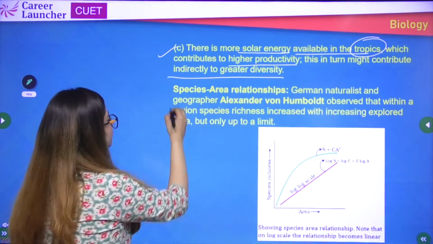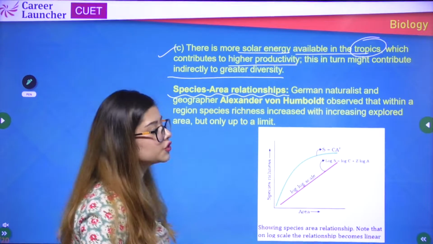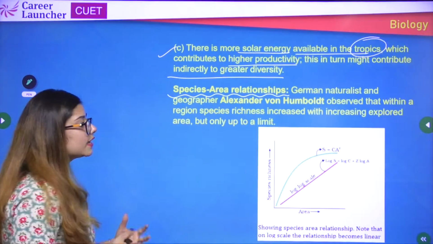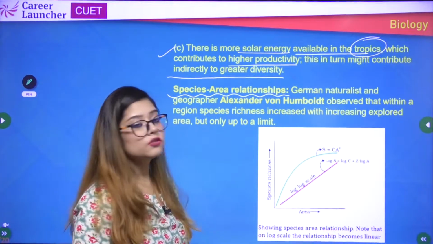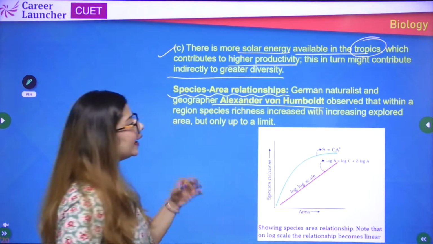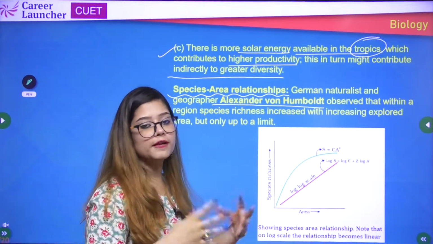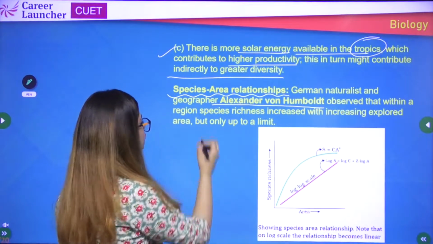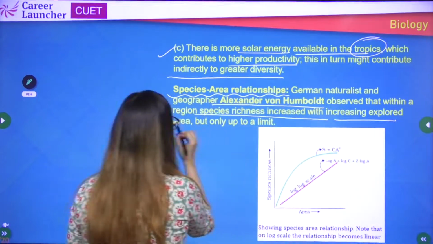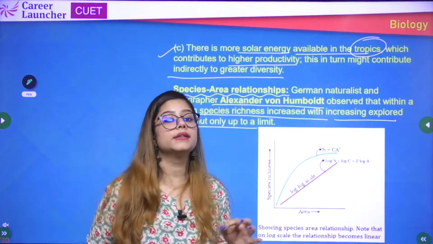Next, we are going to talk about the species area relationship, right? Species area relationship was given by a German geographer, Alexander von Humboldt, and he said that within a region, species richness increases with increasing explored area, but only up to a certain limit.